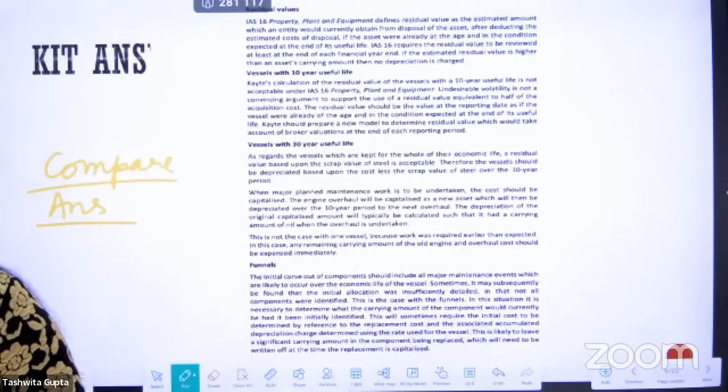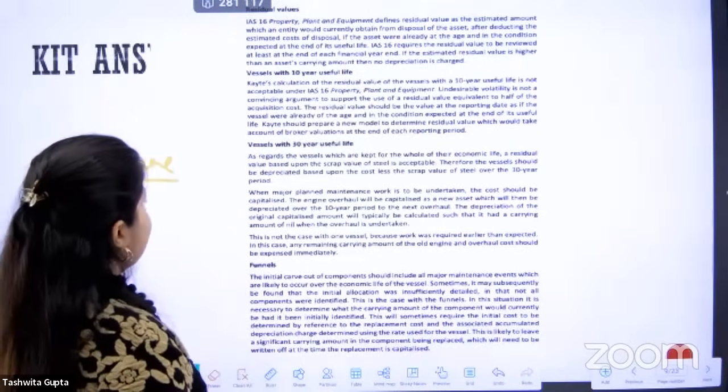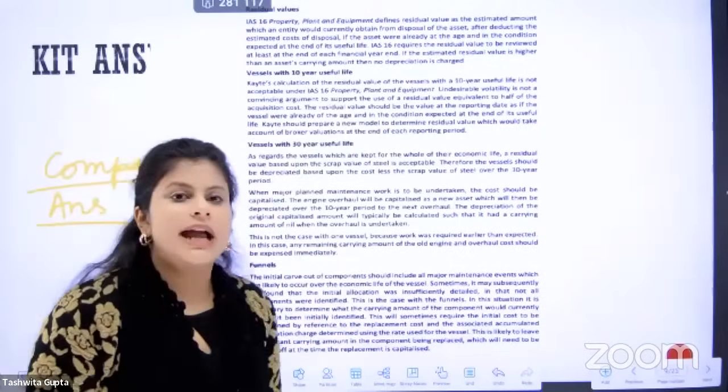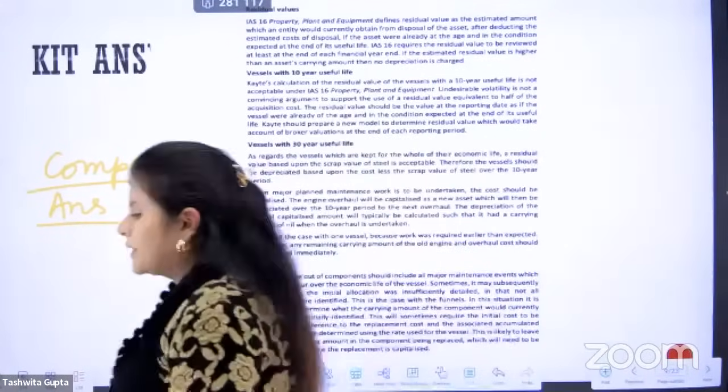Fine. So we were doing this question yesterday, Kate company. This is the answer of that question at the back of the kit. Try and read this. See if you can understand what's written.